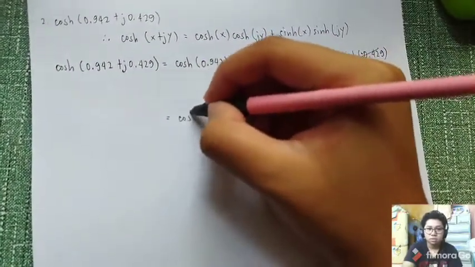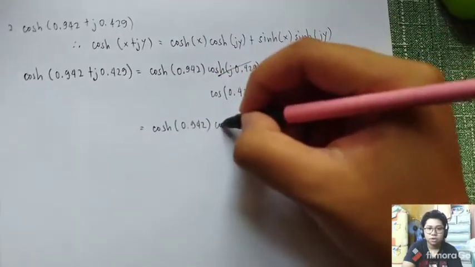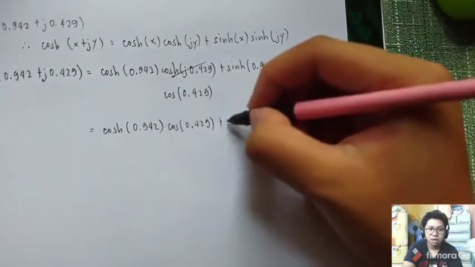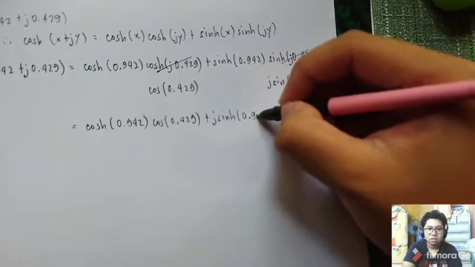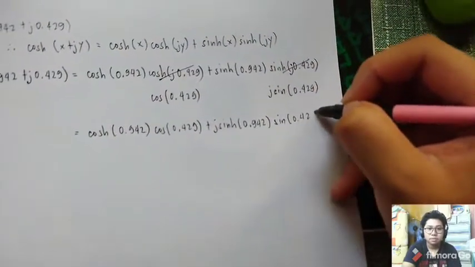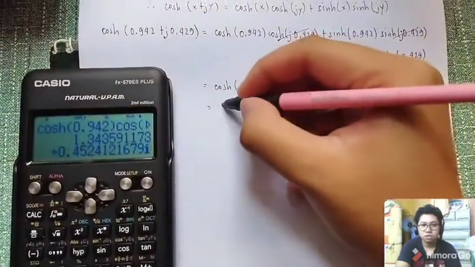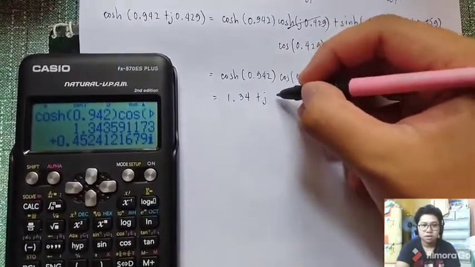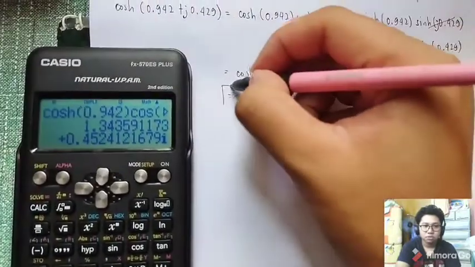Now we can solve the value for the cosine hyperbolic using a calculator in complex mode and in radian mode. So the value for the cosine hyperbolic of the complex number given is 1.34 plus j0.45.